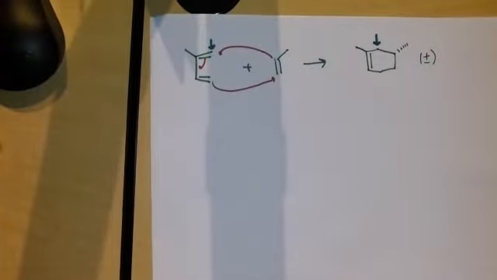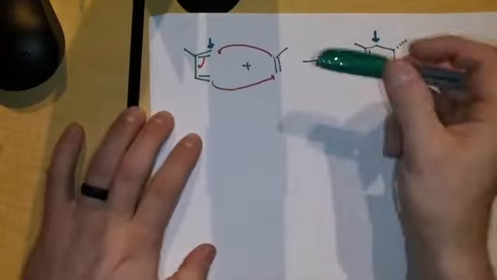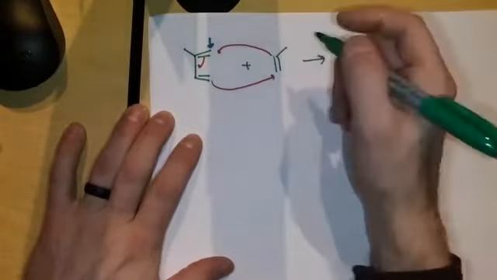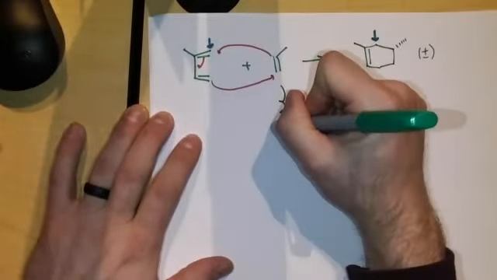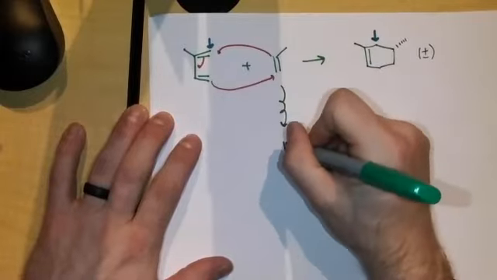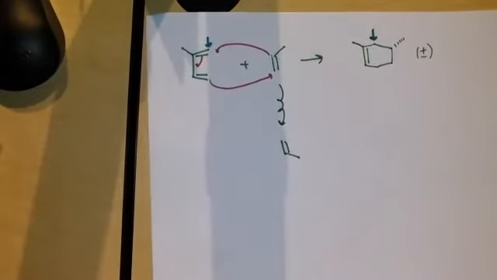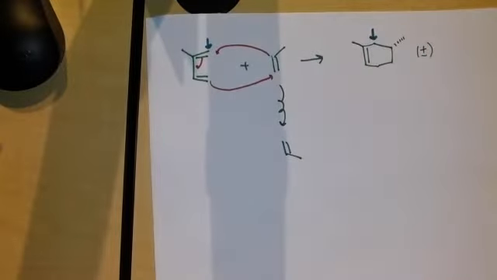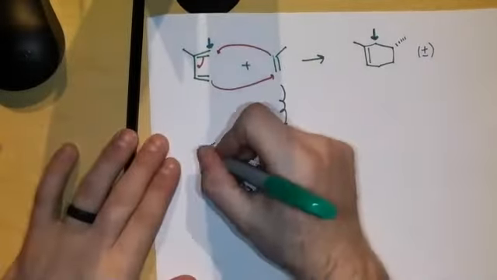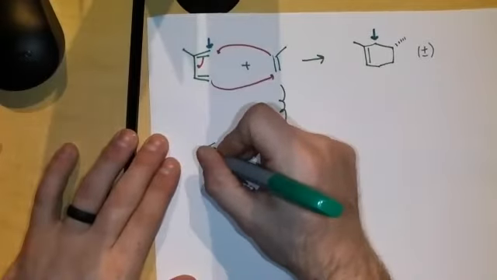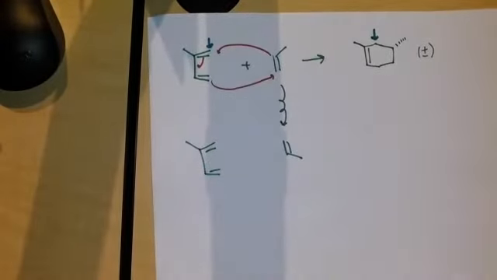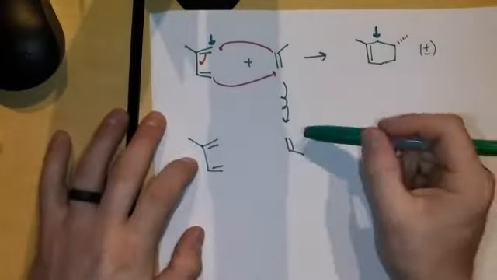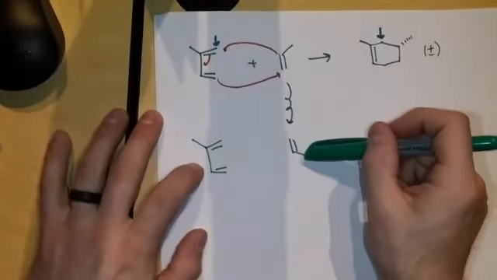So I said that these are not symmetrical. And because of that, there is really no reason that we drew it like this and not this, which is essentially where you pick this up and flip it over like a pancake. We take our same diene here. These two can both react together.